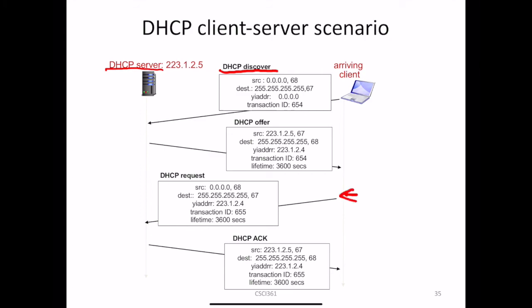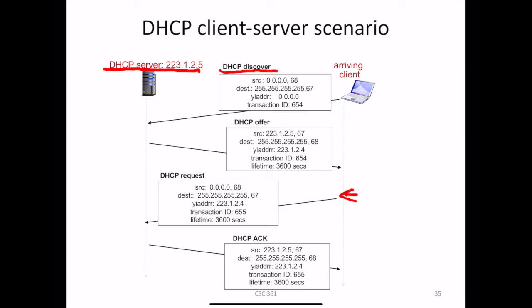So the arriving client can only take one offer among them. Therefore, the arriving client needs to notify the other DHCP servers: okay, I will take the IP address from this DHCP server. That's the reason why the arriving client sends a broadcast DHCP request. Actually, it notifies all the DHCP servers under this domain.